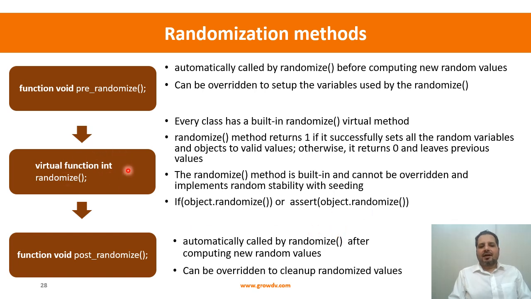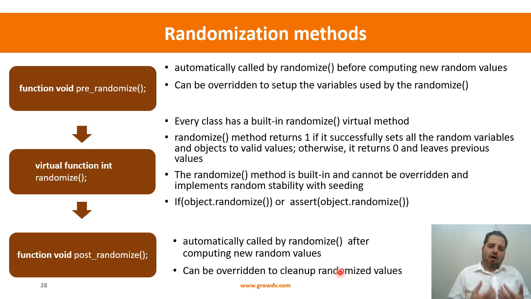Once the randomize call is completed, there is another function that gets called automatically, called post-randomize, and this can again be overridden, and you can do some sort of cleanup. Sometimes you cannot solve some complex things only using the constraints. So you use constraints to a certain extent, and then you clean up the generated values using the post-randomize. You tune it up to make sure that they are legal.